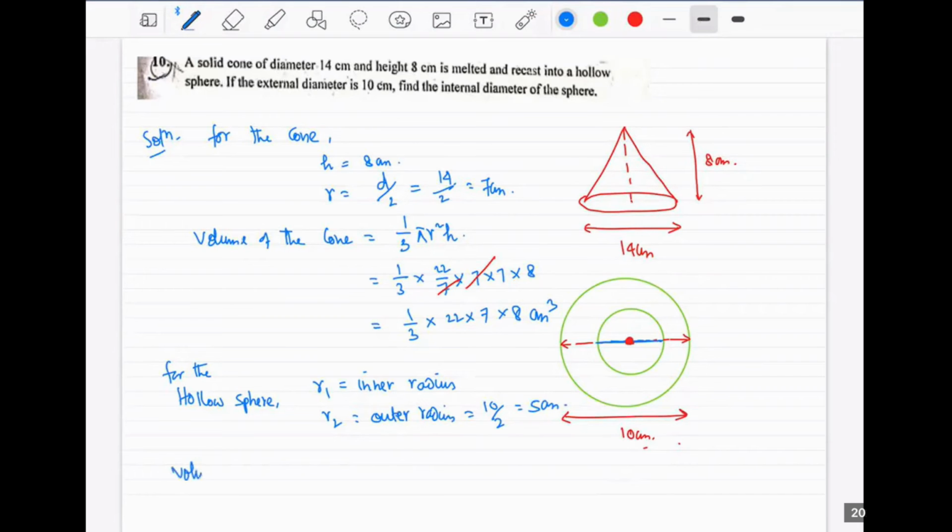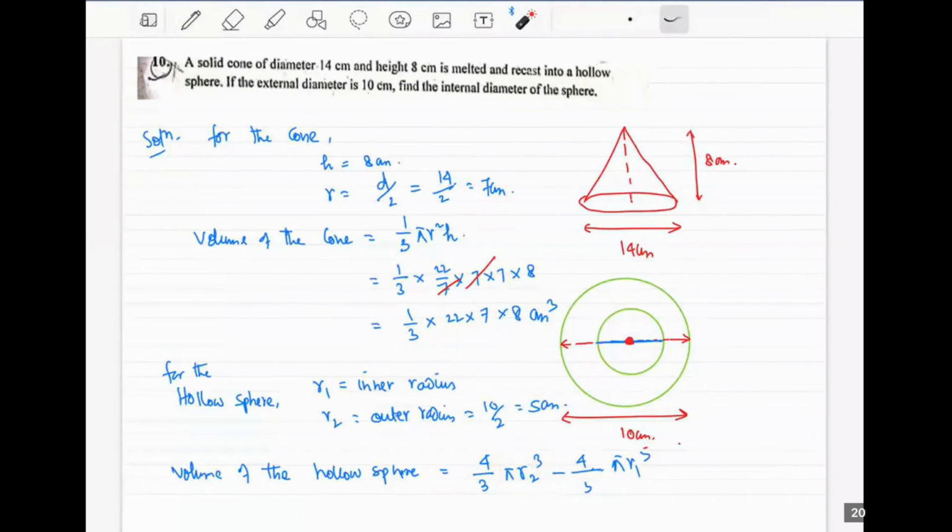Now, what is the volume of the hollow sphere? How to do it? Volume of the outer sphere is 4 by 3 pi R2 cube. And we subtract the volume of the inner hollow portion, so 4 by 3 pi R1 cube. Why are we taking R2 first? Because when we put in this value, we find out the volume of this whole thing.